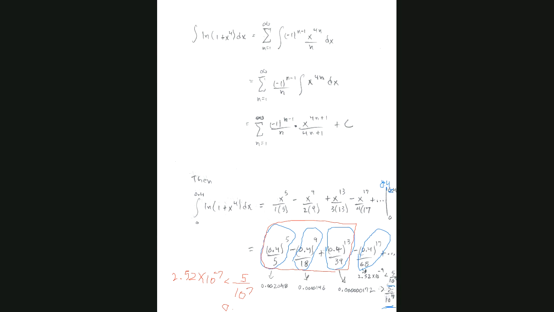It's worth investigating. 0.4 to the 13th power divided by 39 is indeed 1.72 times 10 to the negative 7th. So that would be exactly what you see there.